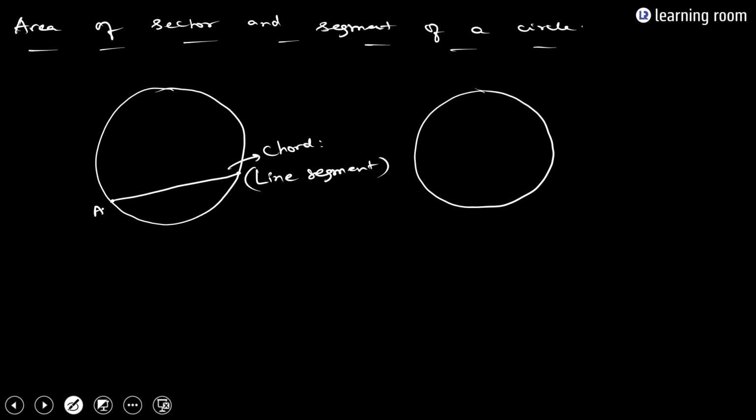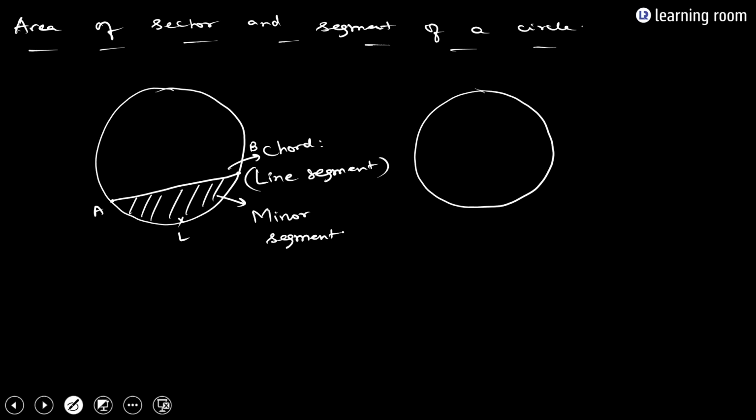So let's name the chord as AB and let me take a point L here. Right. Then what is this portion called as? It's called minor segment.